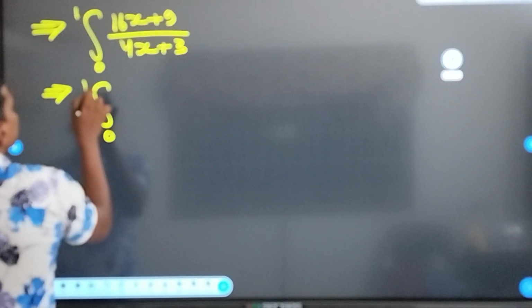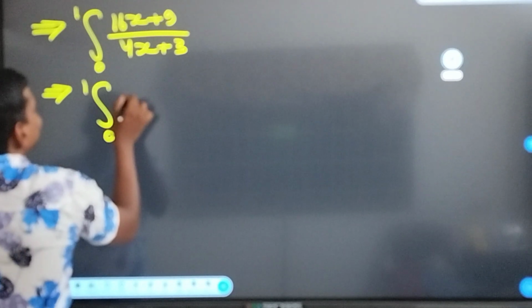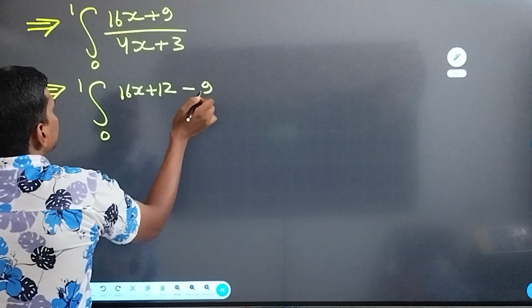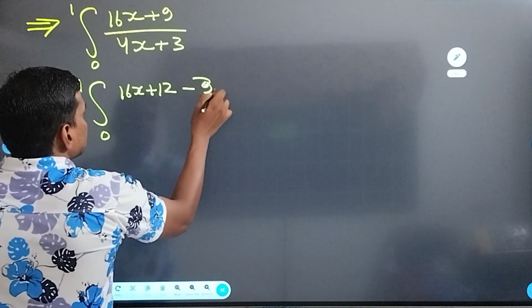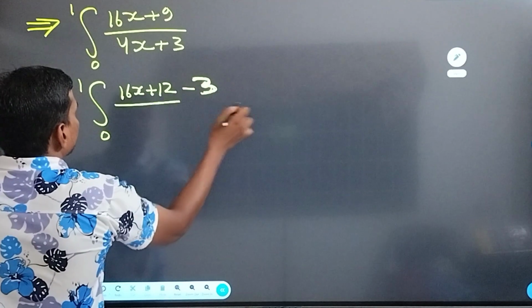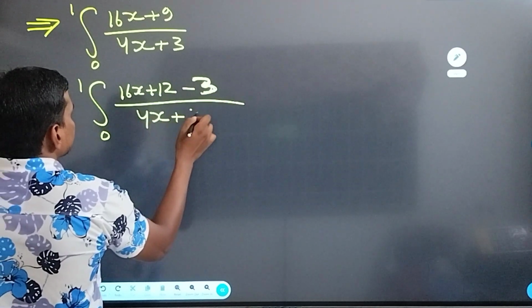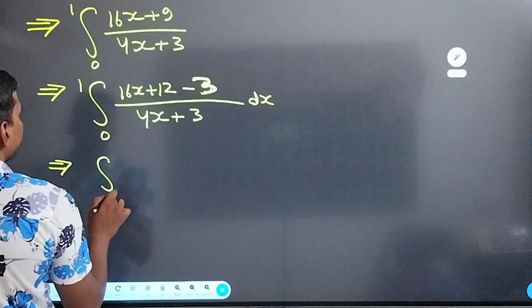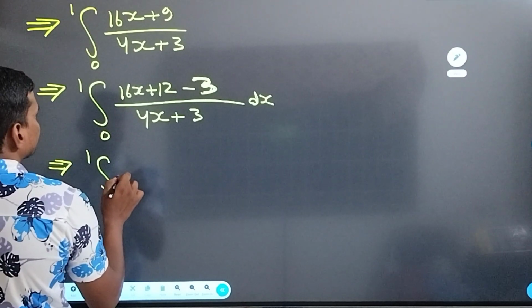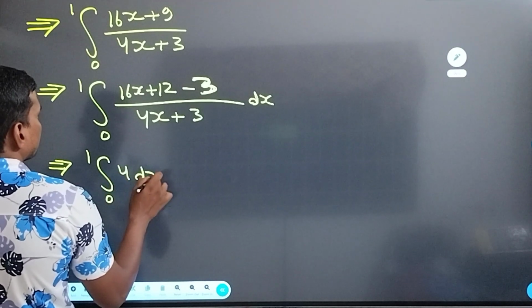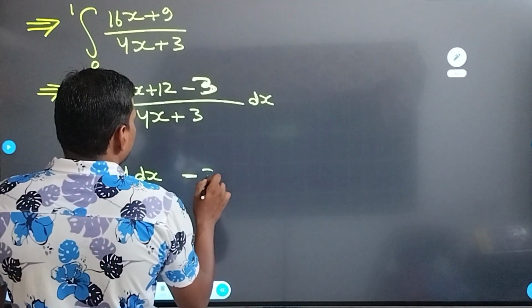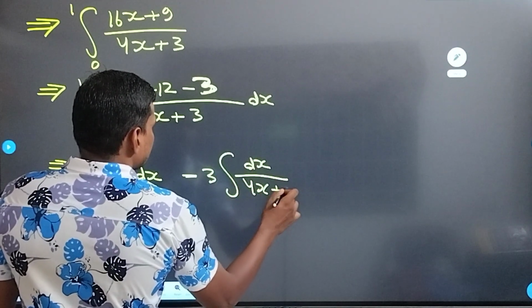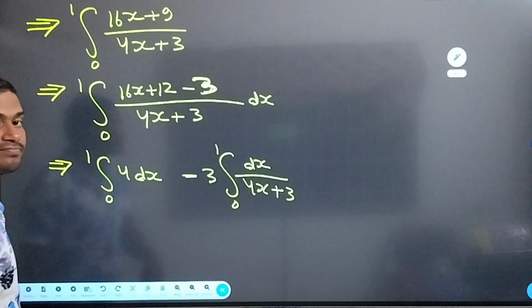Solve it from here, 0 to 1. 16x plus 12 minus 3, divided by 4x plus 3. Then we have 0 to 1 for dx, minus 3 dx upon 4x plus 3. Then you will get your answer.